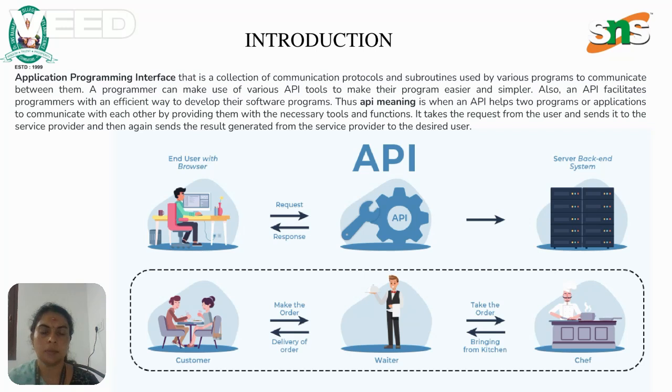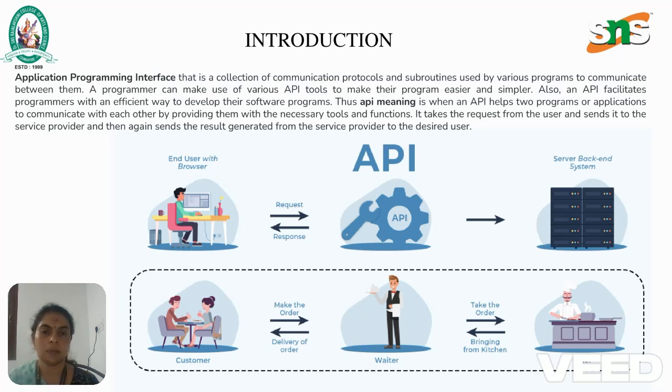In the technical manner, we see an end user with a browser requesting a service, which the API takes and transfers to the appropriate server backend, where the server responds to the request of the client and gets back with the response. And now the mediator API takes the response and passes it to the requesting end user.